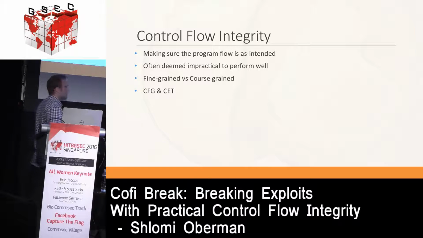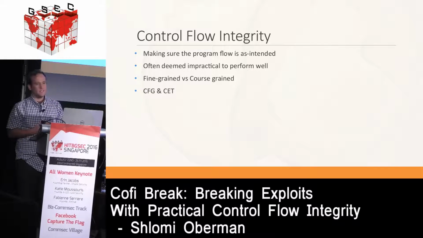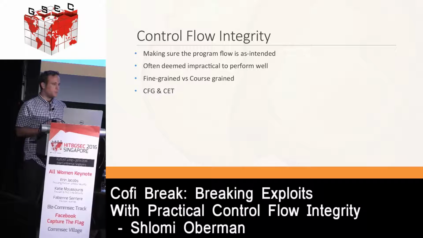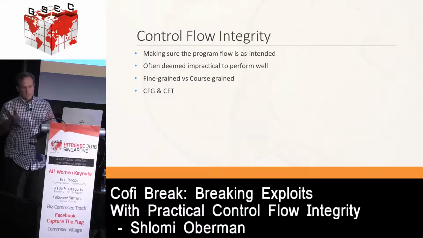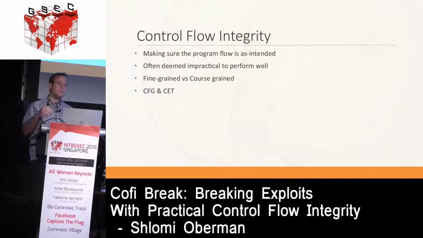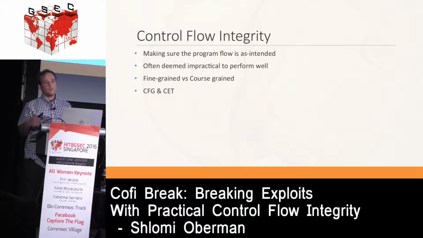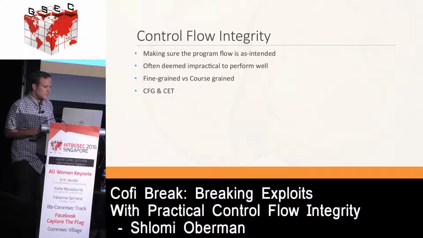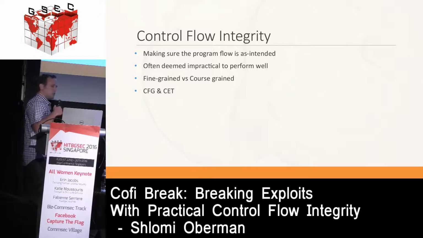So, what is control flow integrity? Very simply, control flow integrity means making sure the program flows as intended. This is something that has been talked about a lot, but often deemed impractical. It's deemed impractical because existing ways to do this have either been to use compiler-based intervention in the compilation toolchain, or dynamic binary instrumentation-based.